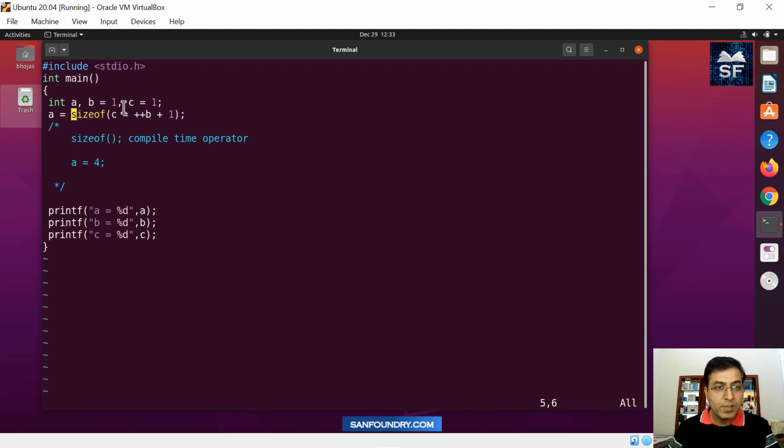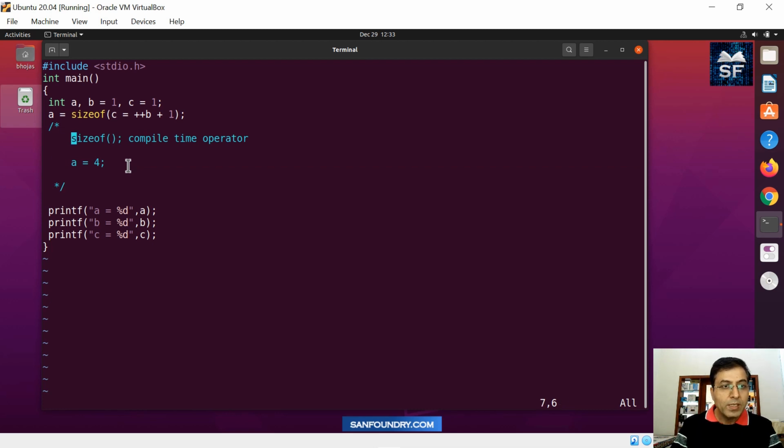The compiler said, okay, c is an integer, you can store whatever integer that you would have wanted. So I am going to say the size of this expression is nothing but an integer value, which is nothing but the size of integer, and it's 4.